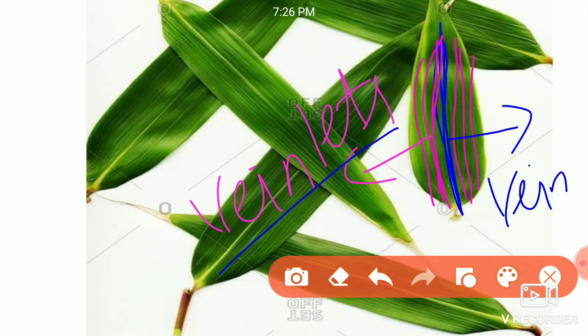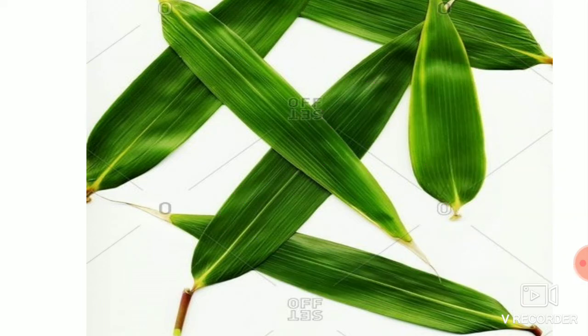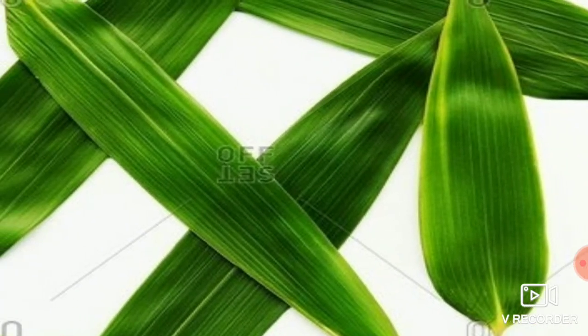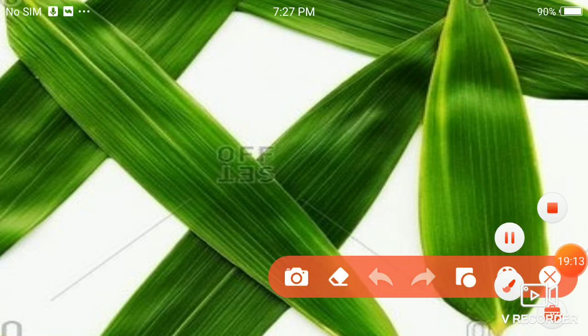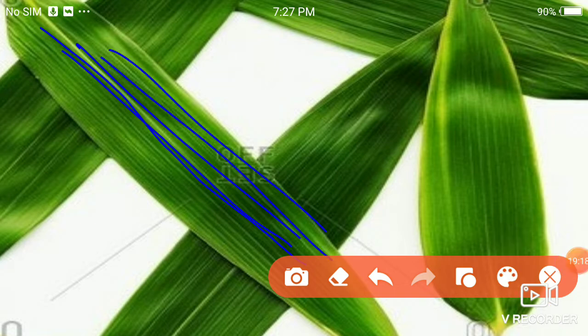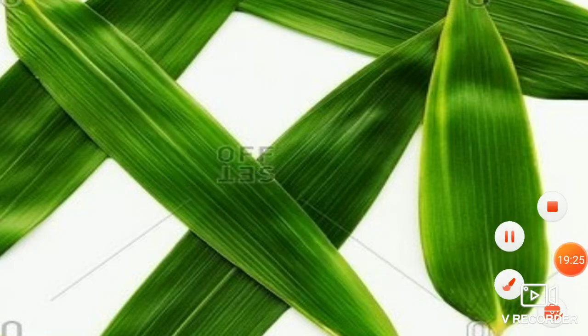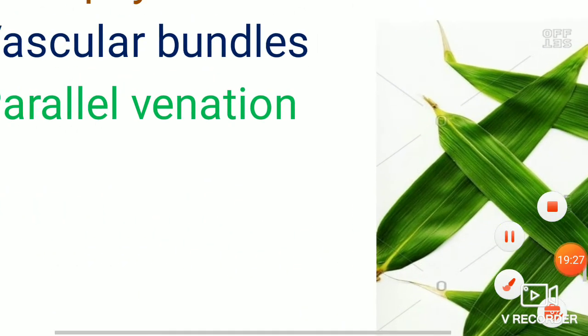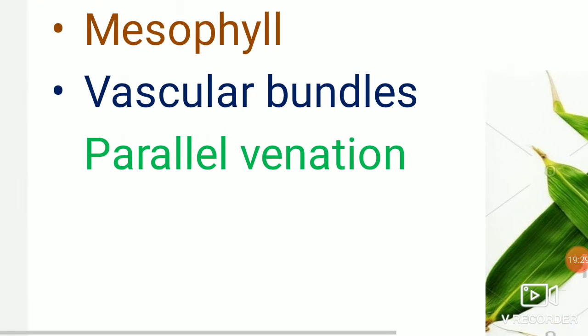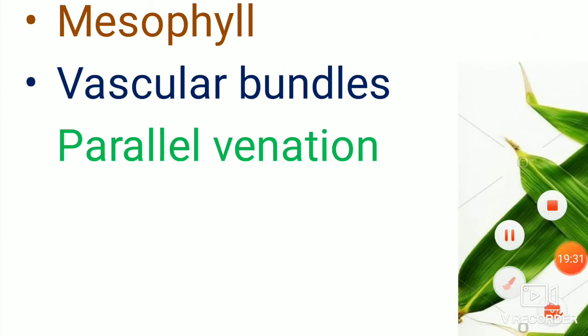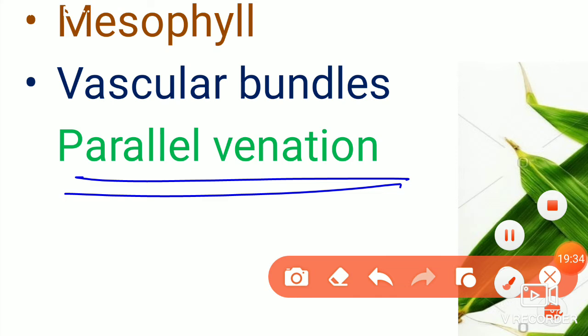The veins and veinlets are in the same direction like parallel lines. Such an arrangement, you can see here, the main vein which is present, and along with the main vein the parallel lines of veinlets. Such a venation is considered parallel venation in the monocot leaf. So here it is a parallel venation.